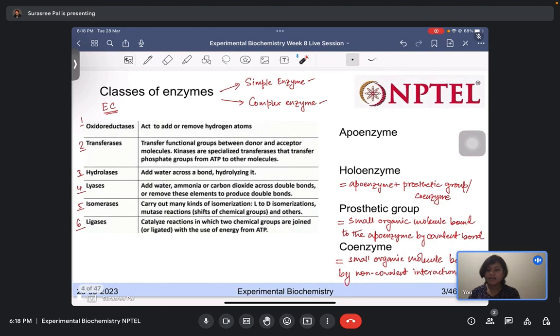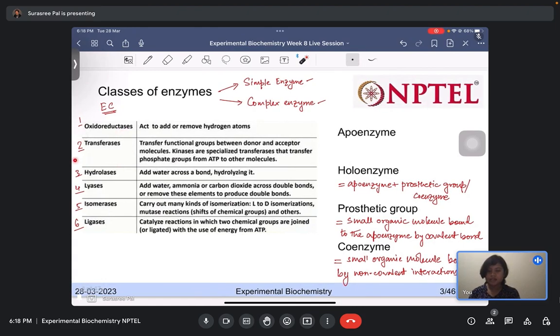Now the second class of enzyme is transferase. By the name you understand that it transfers functional groups between donor and acceptor molecules. For example, kinases. Kinases are one type of transferases. What kinases do is transfer phosphate groups from ATP to other molecules. So that is the role of kinase. So it's a transferase.